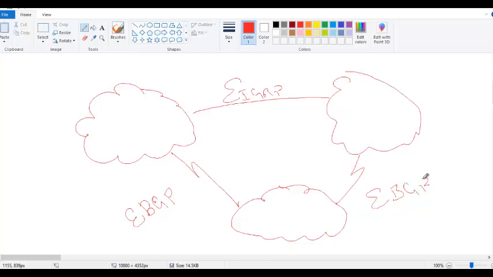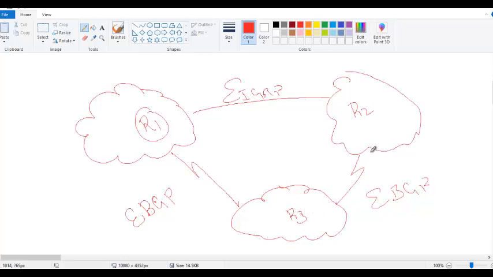So what happens is, because of the administrative distance, the router here, I'll call it router 1, router 2, router 3.